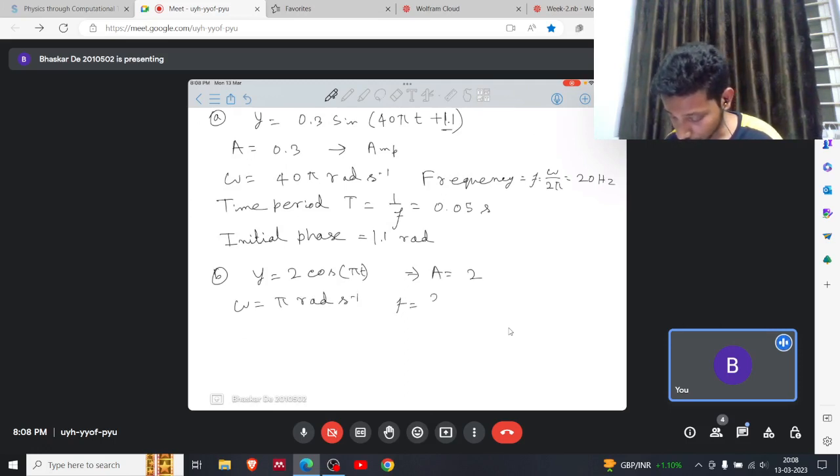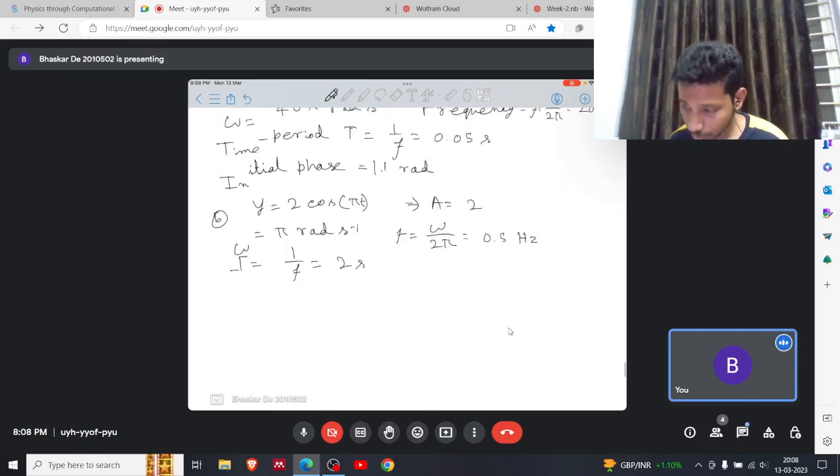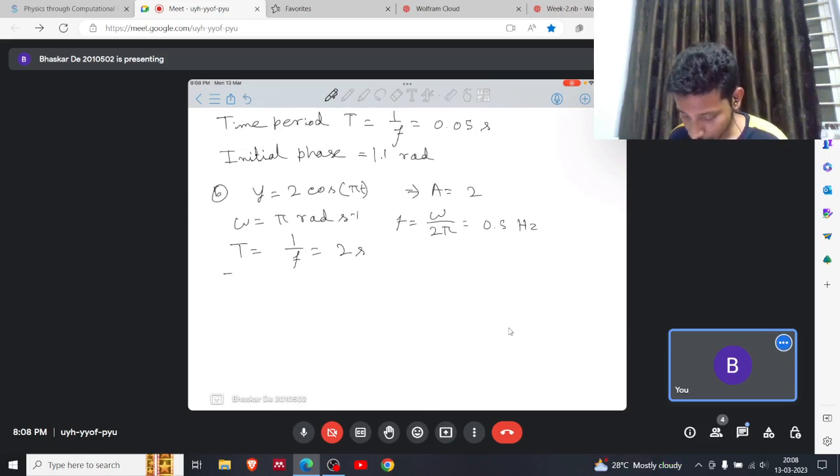So f equal to omega by 2 pi, 0.5 hertz. T time period is 1 by f, so it will be 2 second. Initial phase is 0 radian because there is no term with the pi t.